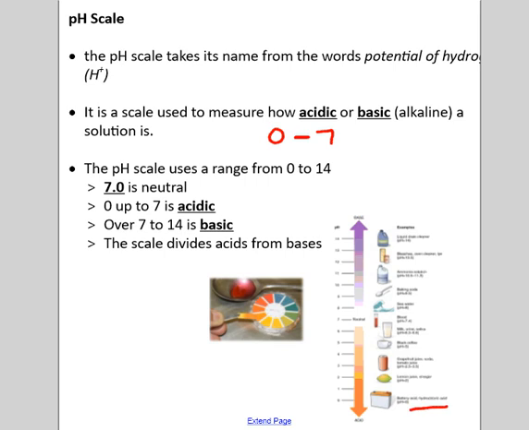Very acidic things include battery acid, but lemons are also acidic, and even milk. Bases are things that have pH from 7 up to 14. The strongest bases are very strong and powerful and can cause a lot of damage. Weaker bases, like baking soda, are closer to pH 7. Remember, at pH 7, we are neutral.